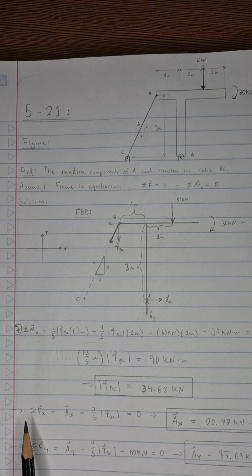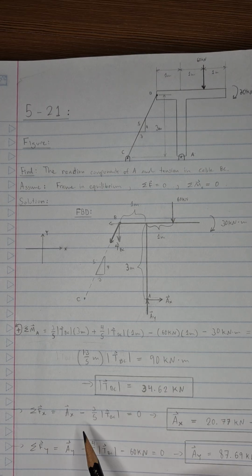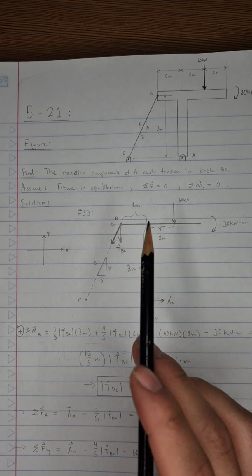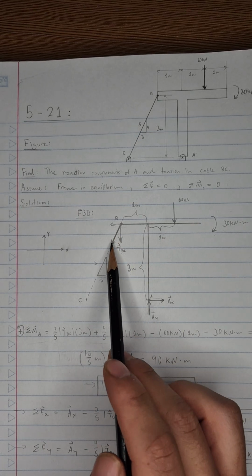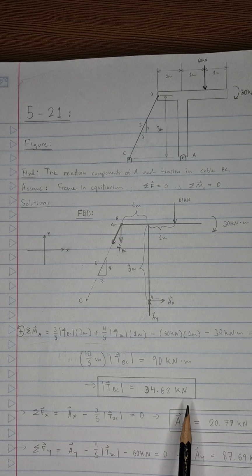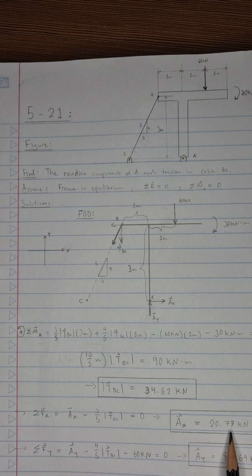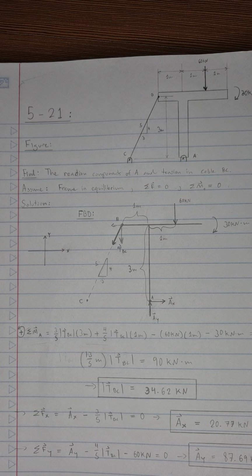So first off, if we sum forces in the X direction, we get AX minus the horizontal component of this tension force, which is 3/5 times that magnitude that we just found. And so solving for A sub X, we get 20.77 kilonewtons to the right.